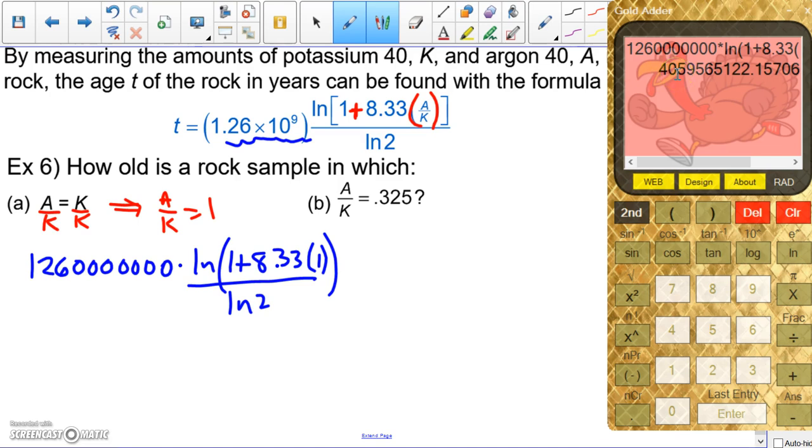So basically what we're looking at is about 4.06 times 10 to the 9th. If you moved the decimal 9 times to the right, you'd be where we are on the screen. And so that's that many years. So if you think about a number with 9 zeros behind it, that's billions. So this is over 4 billion.